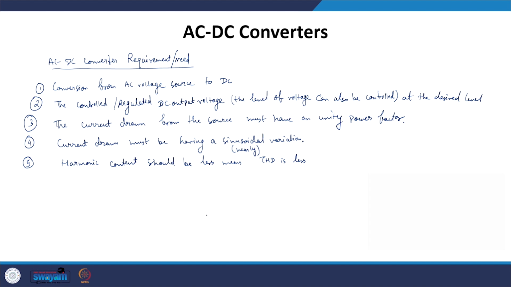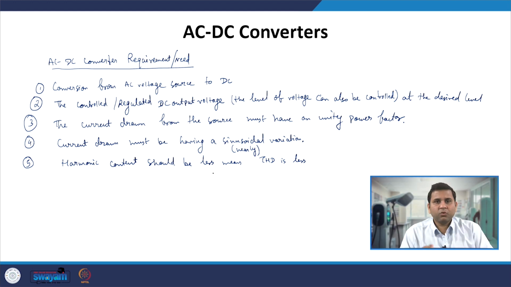That means the voltage and current are in the same phase, with no phase lag or lead, the current must be sinusoidal, and its harmonic content must be less, that means the THD must be less.